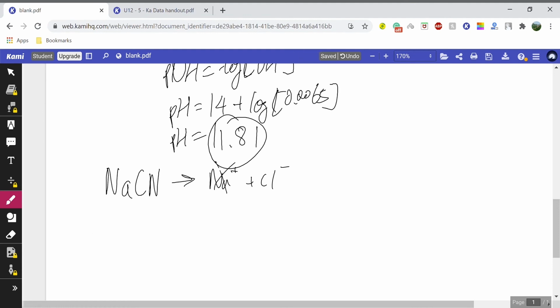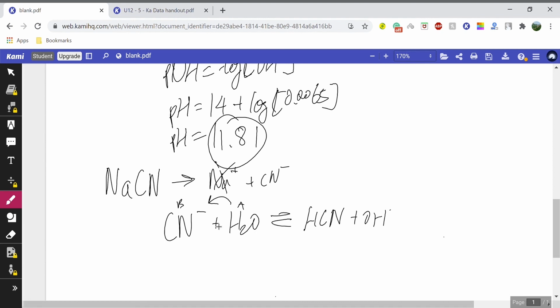CN minus, when we add an H to form HCN, is not a strong acid, which means CN minus is going to be a strong conjugate base. And since it's a strong conjugate base, it will react with water, H2O, to form HCN. Since this is the base and this is the acid, it will be accepting a proton. It will form HCN plus OH minus. Now, since we have OH minus, that means the pH is going to increase.